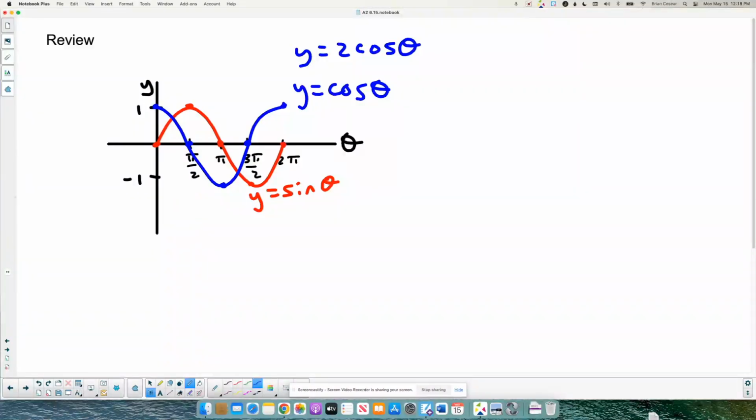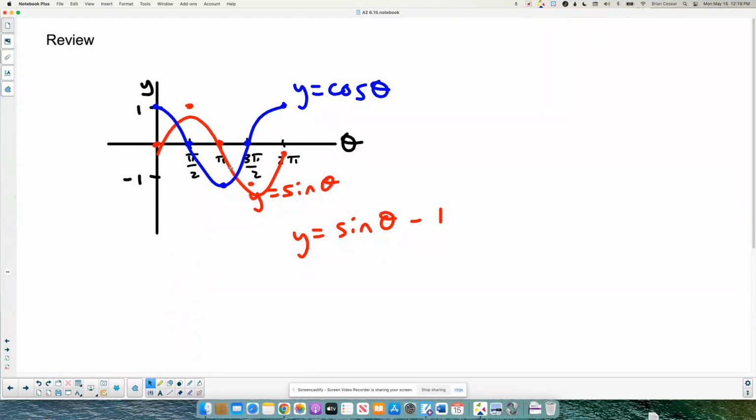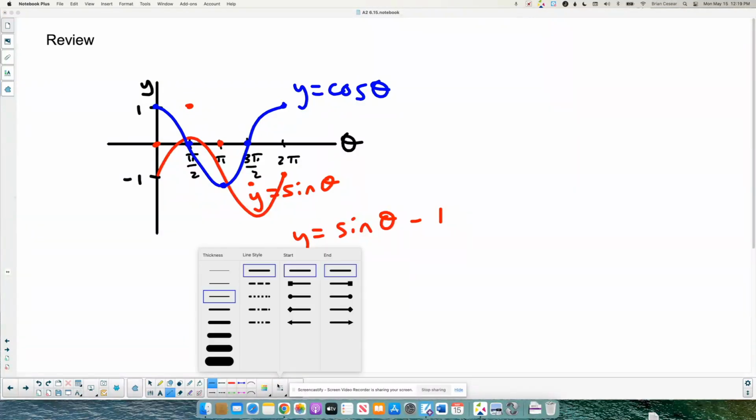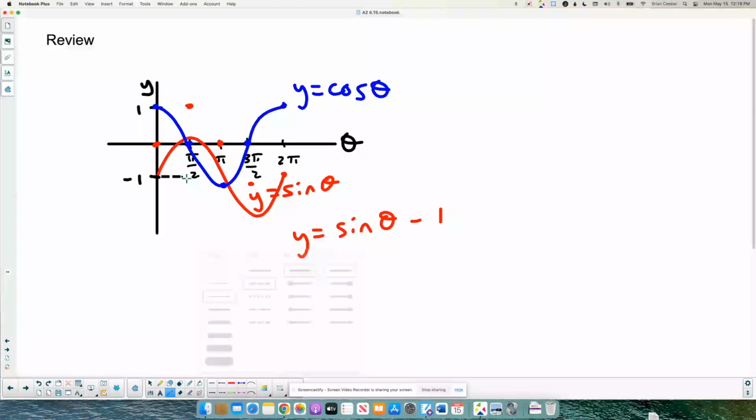If I do a -1, my graph's going to shift down 1, so everything moves down 1. So my midline now goes right through the middle of my graph, but it's now at y equals -1.